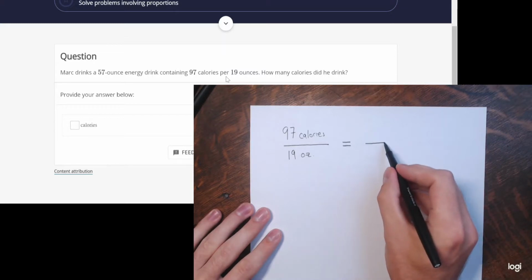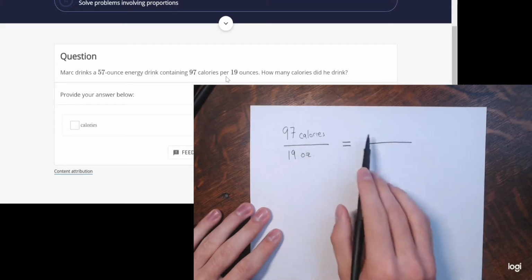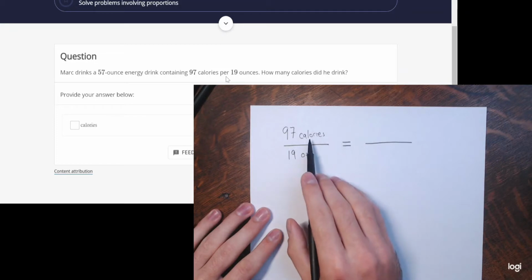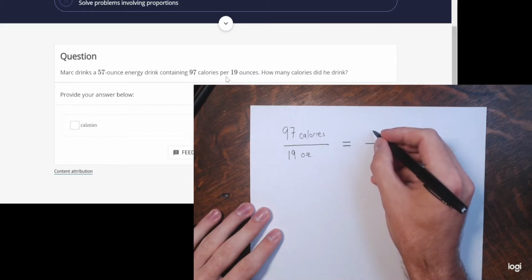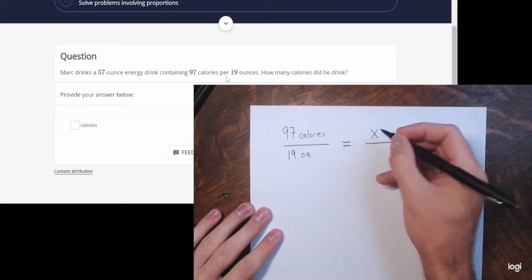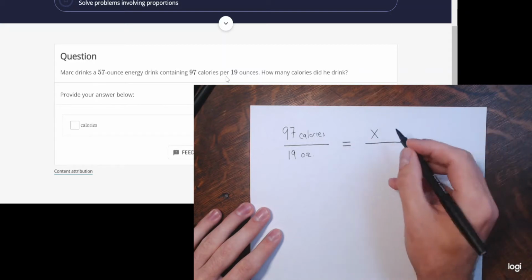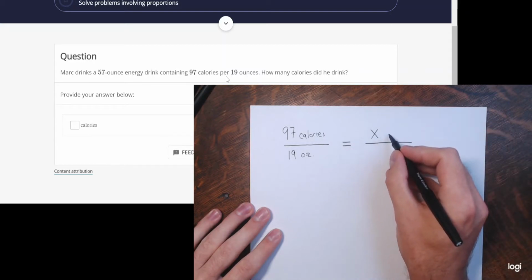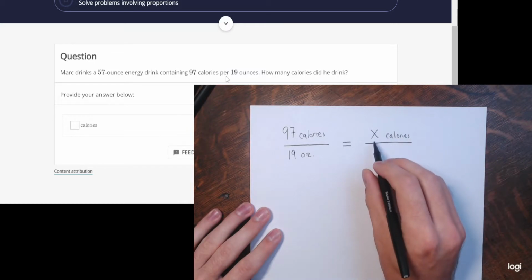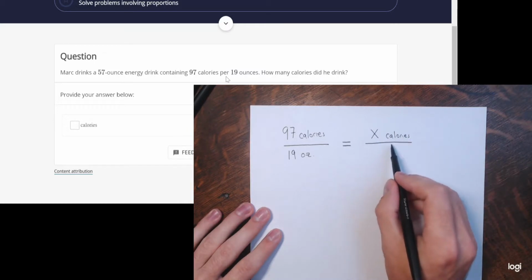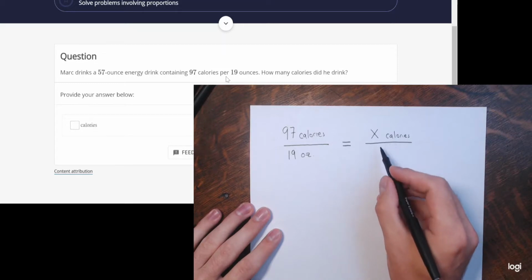Again, keeping consistent with the units, the numerator is calories. Now the question is, how many calories did he drink? This is unknown, so you could call it X or C for calories. So Mark has drunk X calories, and we're going to solve for X per the 57 ounces that Mark drank.